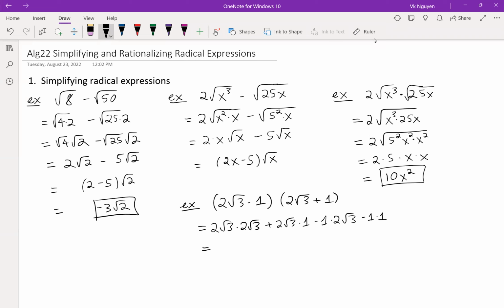So together we have 4 times 3, which is 12. Plus 2 root 3 minus 2 root 3 is gone. Minus 1. And it is 11.